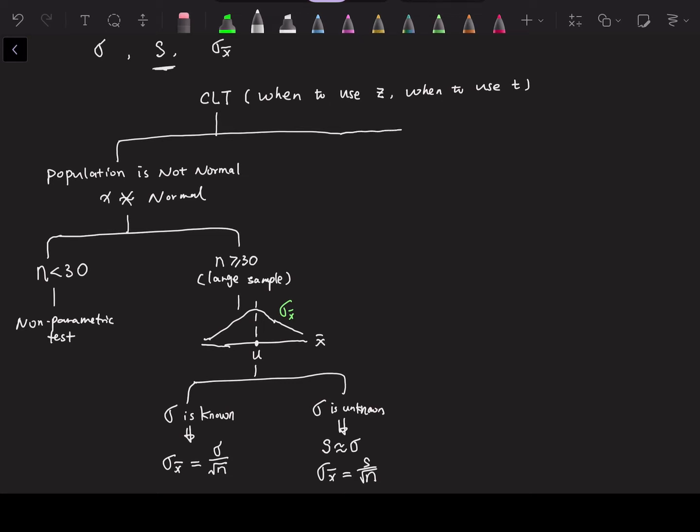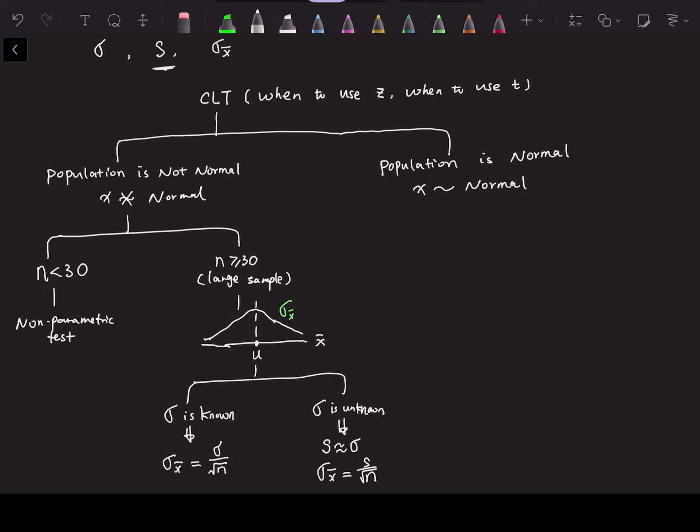Another category: if you know the population follows a normal distribution, i.e. x is normal or nearly normal, then the central limit theorem says that for any sample size, the sample mean is normal.